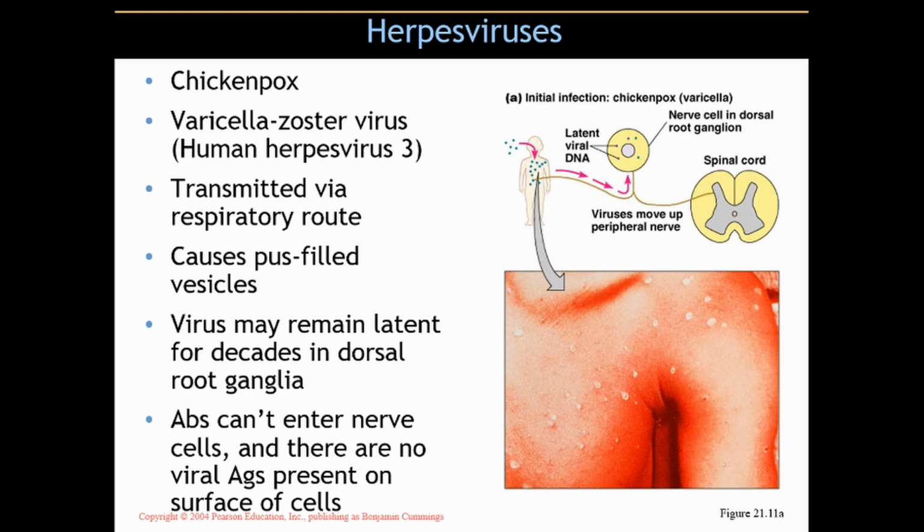So if you have had the vaccination, you shouldn't get chickenpox, and you probably won't get shingles. However, people have developed shingles from the chickenpox virus. I've had some students who developed shingles from their vaccination.